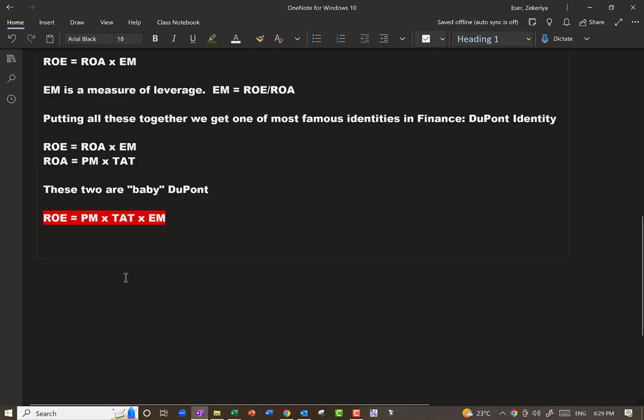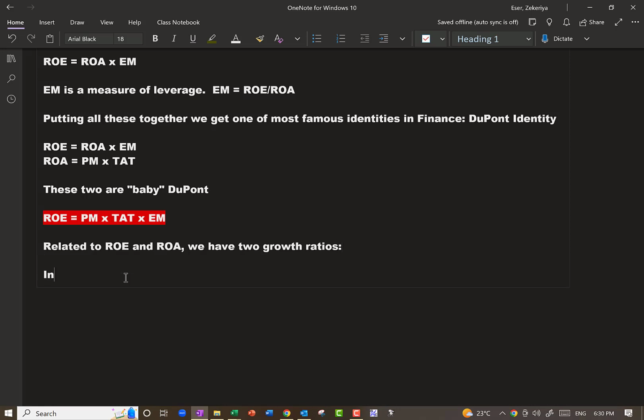All right. Now, related to ROE and ROA, we have two growth ratios. The first one, we call it internal growth rate, IGR.